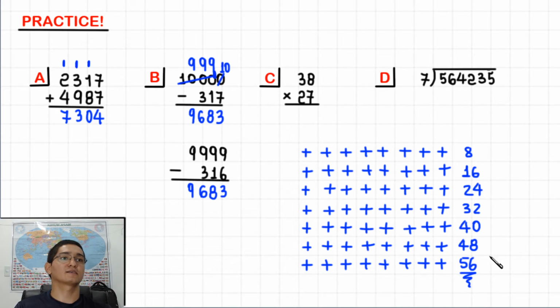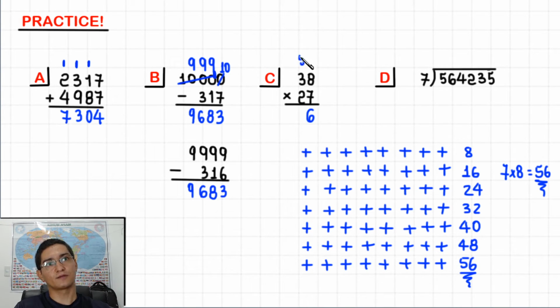This is our answer. We can now say that 7 times 8 equals 56. Okay? Since the result is 56, I write 6 here and the 5 goes up here.